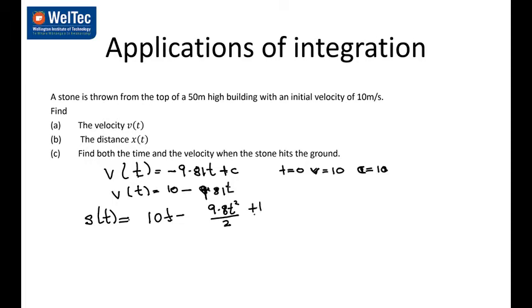And do we know anything else? Yes, we do. We know that when the time is 0, the height is 50. So 50 has got to equal 0 minus 0 plus k, so k has got to equal 50. That gives us our distance function.